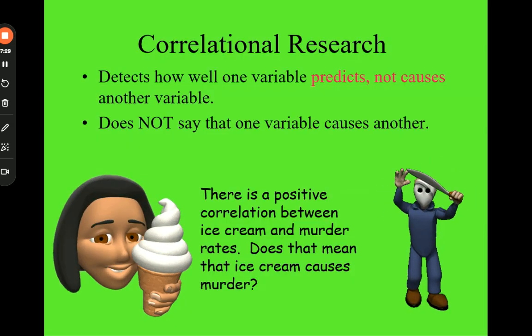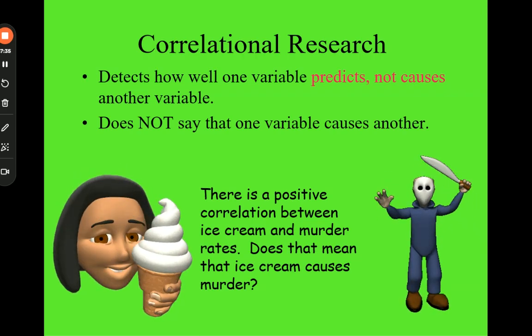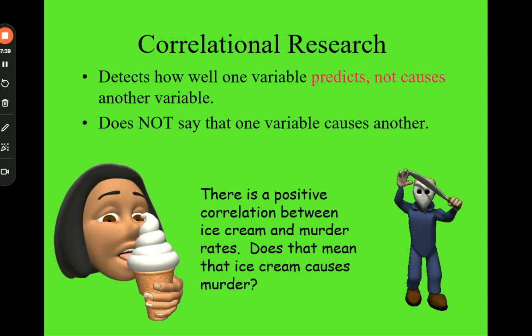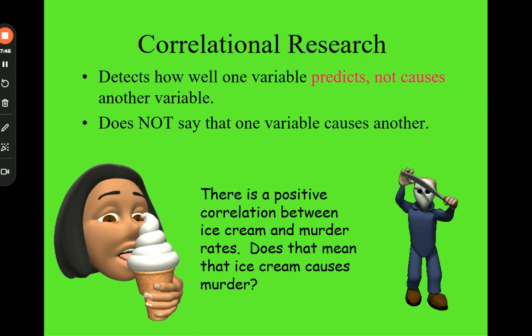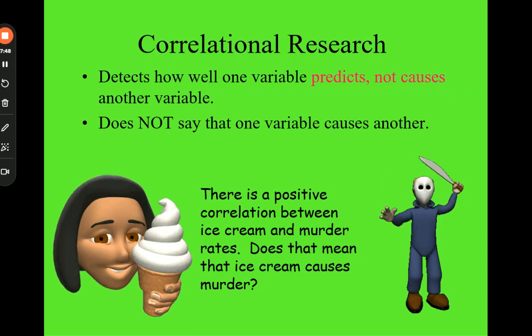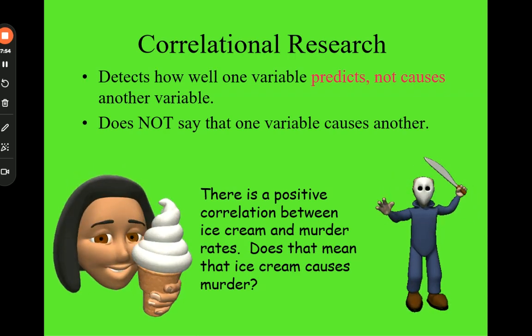Okay, correlational research. One of the big themes of this class is correlation versus causation. Just because two things go together does not mean that one thing causes the other thing. As you can see, ice cream consumption goes up in July, so does the murder rate.